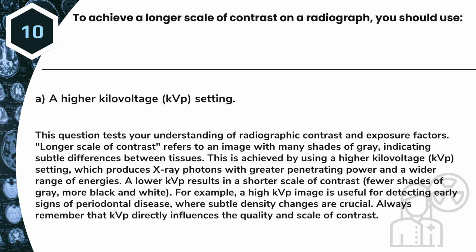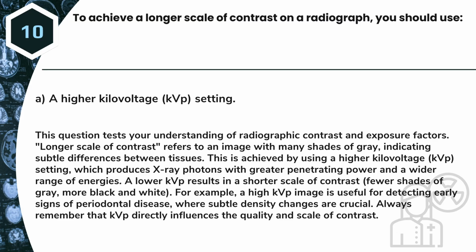This question tests your understanding of radiographic contrast and exposure factors. Longer scale of contrast refers to an image with many shades of gray, indicating subtle differences between tissues. This is achieved by using a higher kilovoltage, kVp, setting, which produces X-ray photons with greater penetrating power and a wider range of energies.